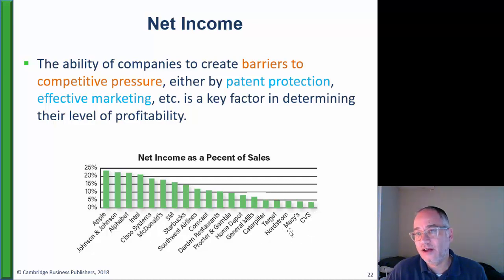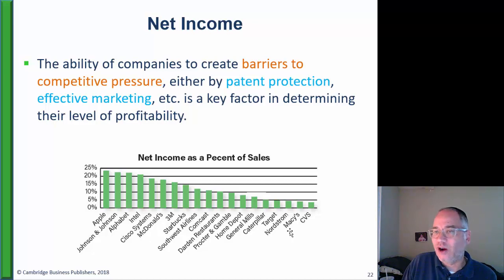CVS is a bricks and mortar local drugstore, and you have a lot of choices there on where you can shop. It's the same thing with Macy's. So their net income as a percentage of sales is relatively low because the barriers to competition are also very low. These companies here are operating in highly competitive environments, whereas these companies have gotten for themselves a certain market niche where there's very little competition.